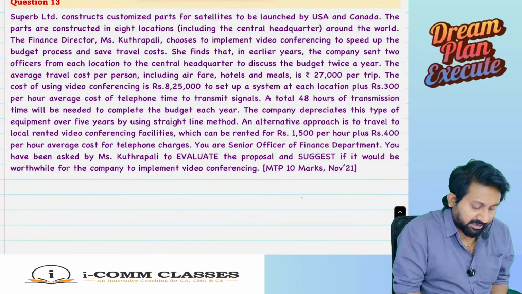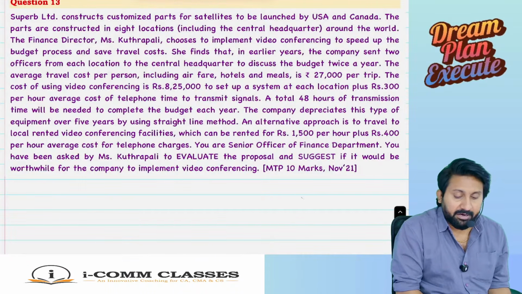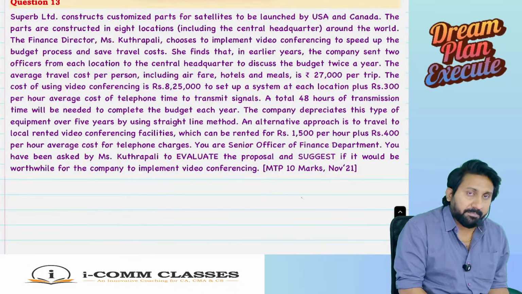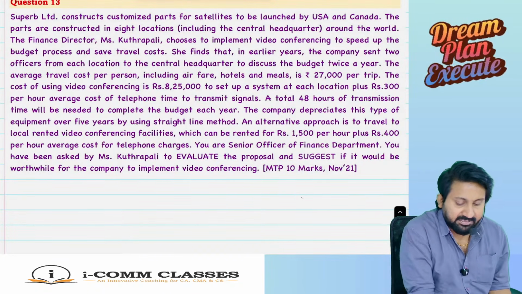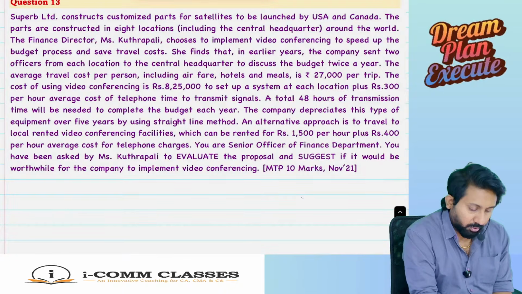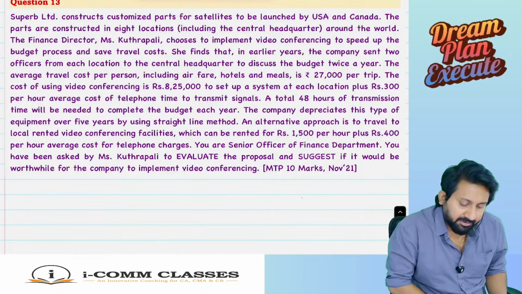The finance director, Ms. Kutrapali, chooses to implement video conferencing to speed up the budget process and to save the travel cost. She finds that in earlier years, companies sent 2 officers from each location to the central headquarters to discuss the budget twice a year.